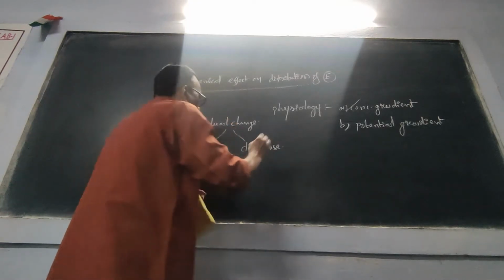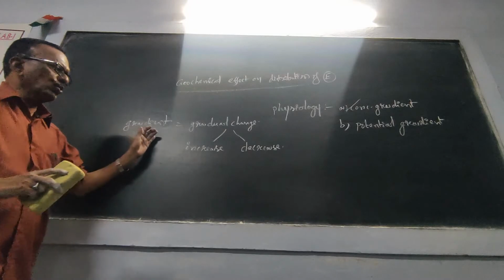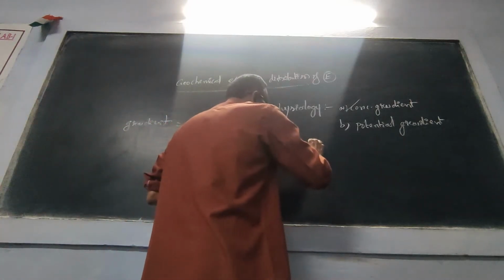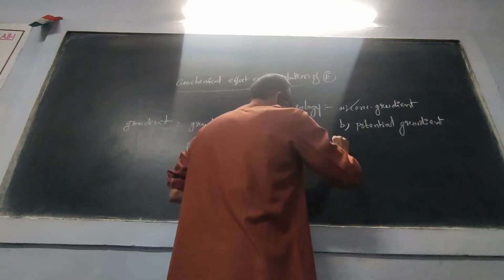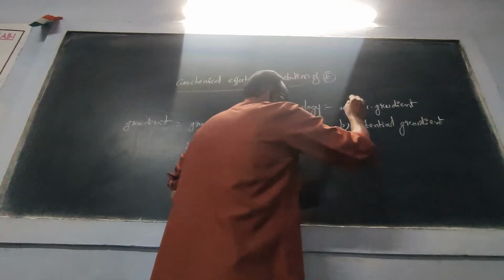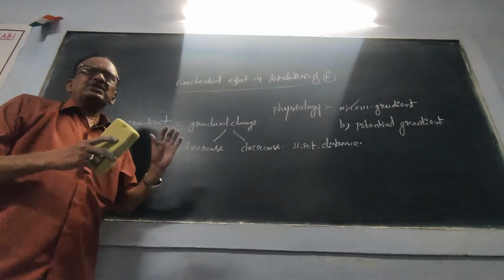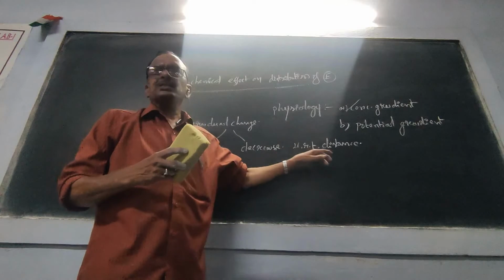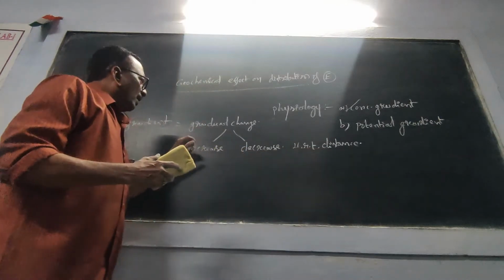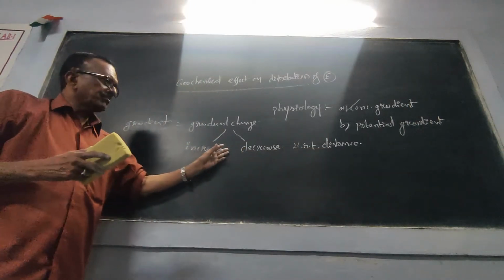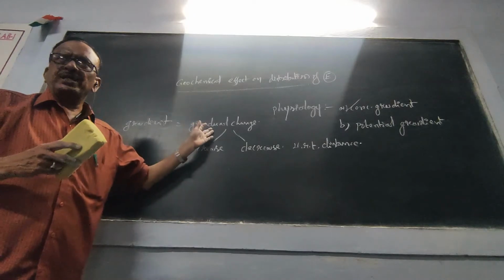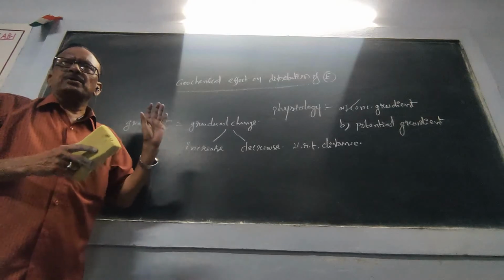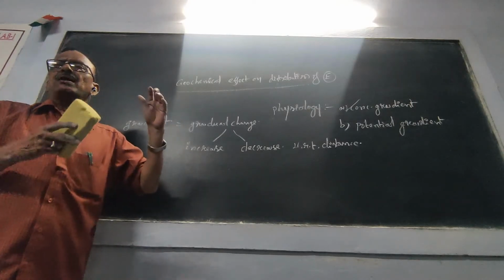So gradual change includes either an increase or a decrease with respect to distance. So the element distribution is changing with the distance in the Earth's crust. So either increase or decrease, that is called a gradual change. That is nothing but the gradient. So here concentration gradient means the difference in the concentration of ions.